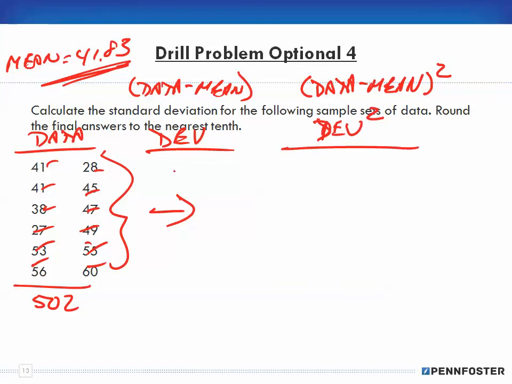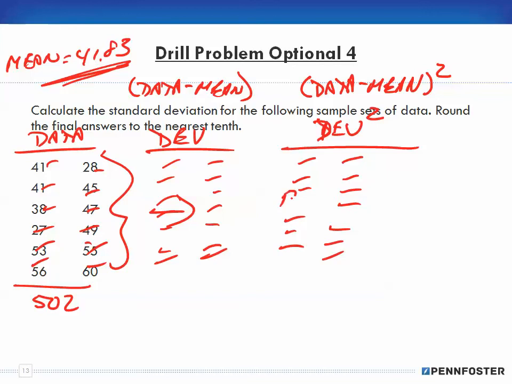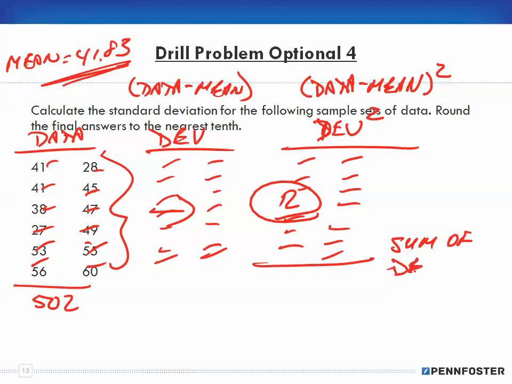So you're going to have 12 deviations here, and you're going to square each one, so you're going to have 12 of them over here also, different values. Now, when you have these deviations all squared, you're going to add them up. So that's going to be the sum of the deviation squared.